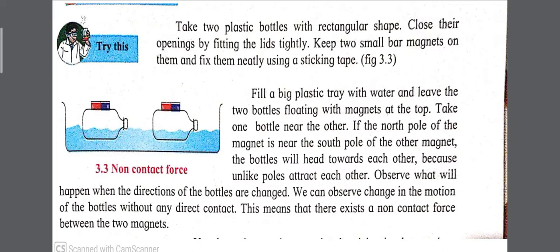Observe what will happen when the direction of the bottles is changed. So we can observe a change in the motion of the bottles without any direct contact. This means that there exists a non-contact force between the two magnets.